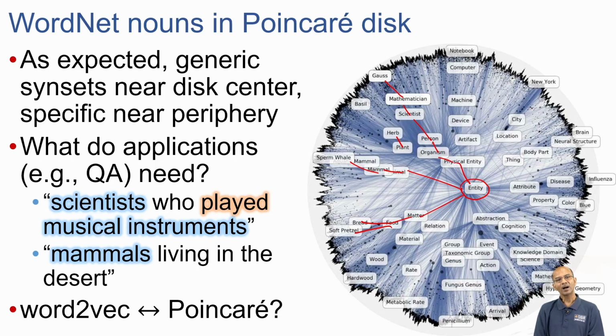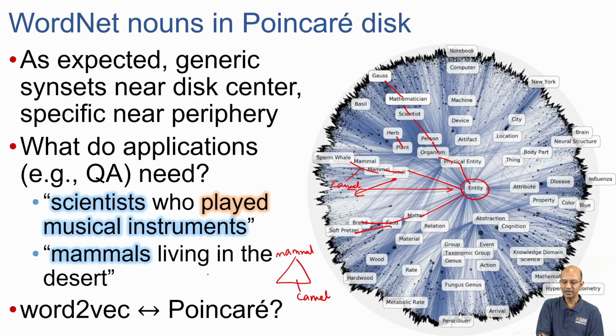However, remember that our driving application was question answering. Suppose we want to answer a question like scientists who played musical instruments or mammals that live in the desert, right? So, in that case, the Euclidean distance from camel to entity or to animal is not as important as whether camel appears in the subtree of animal or mammal.